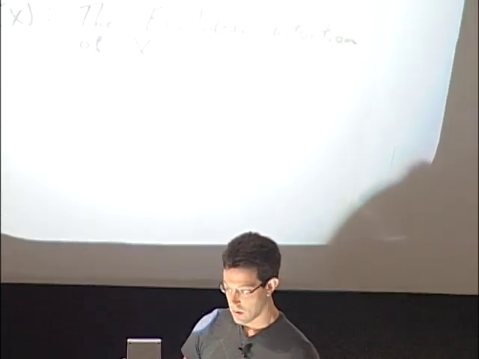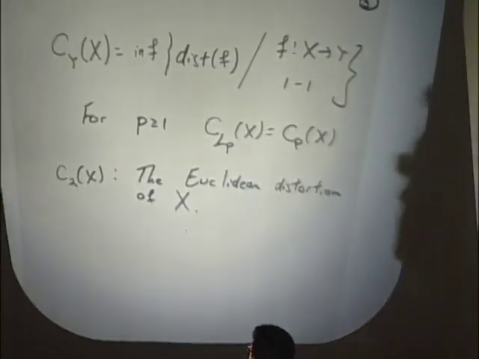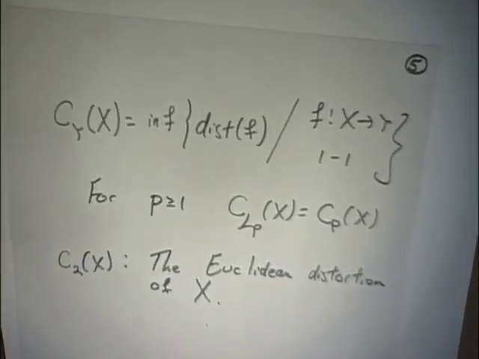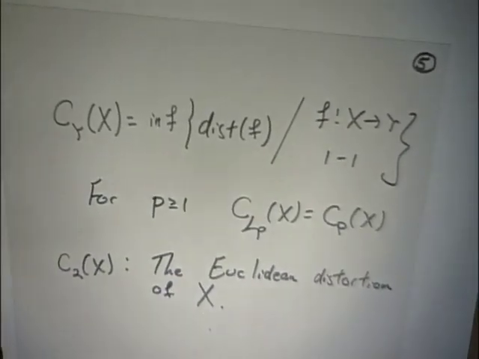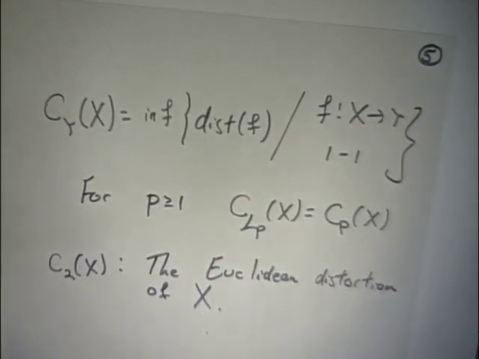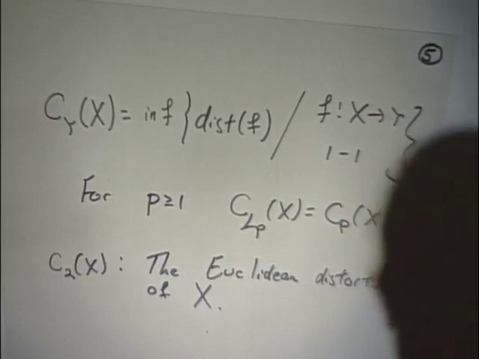This is just notation: we always think of Y as some big space and X as some small space. Often it's going to be finite. And c_Y(X) is defined as the smallest distortion such that you can embed X into Y. It could be infinite, and many times it will be.